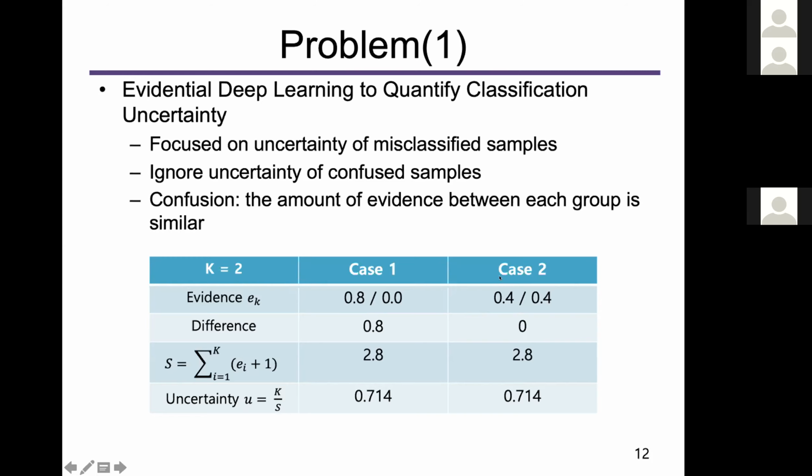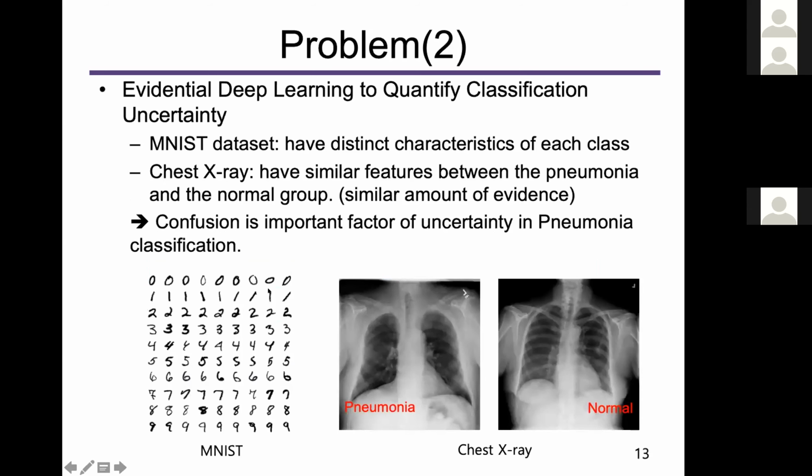In this case it's quite uncertain because we don't know exactly whether this belongs to class 1 or 2. But in EDL, case 2 returns the same uncertainty value as case 1. So case 2 is as uncertain as case 1, but we think case 2 is more uncertain than case 1.